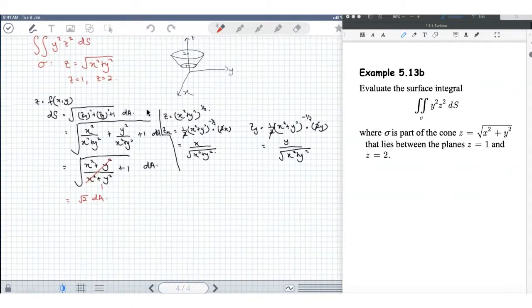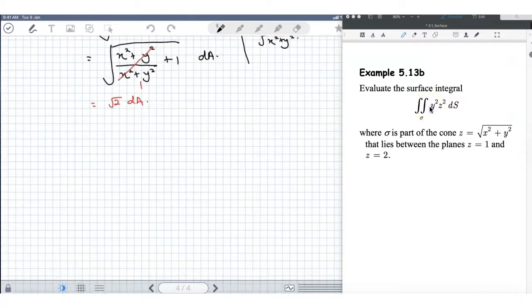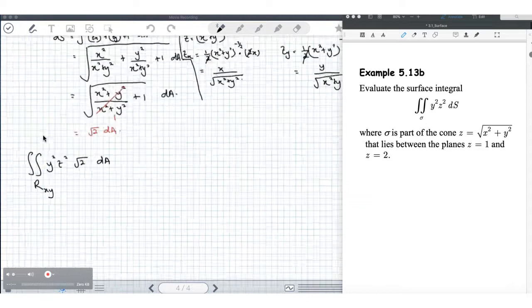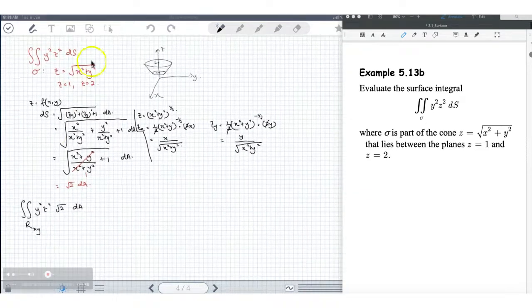So then we substitute your dS into your original surface integral, then you will get y squared z squared, and now your dS is square root of 2 dA over the region, and your region is on the xy plane. Okay, so now your surface integral is reduced to a standard double integral.